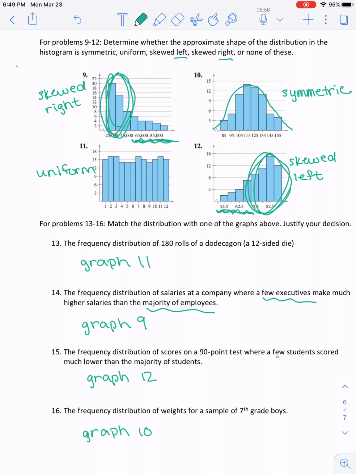Usually things like weight and height, we would expect a fairly symmetric type of graph. There are going to be people on the lower end, people on the higher end, but most of our people are going to be in the middle of the graph. So things like weight and height are typically symmetric, and that is what we would expect.